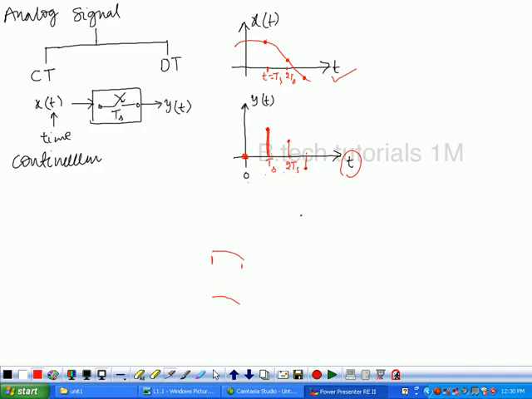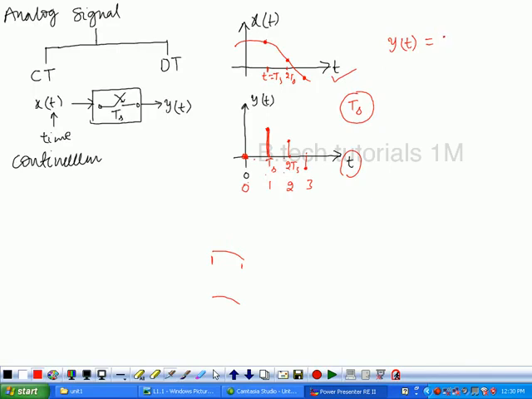And one more thing, if the spacing between this and this and this is the same, that is called uniform spacing. Then you can consider this as 0, this as 1, this as 2, and this as 3, and so on.